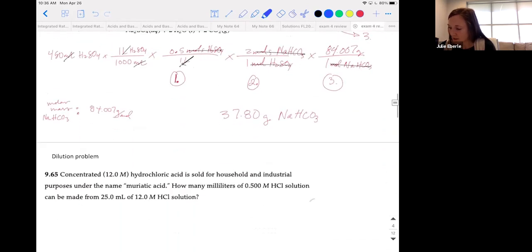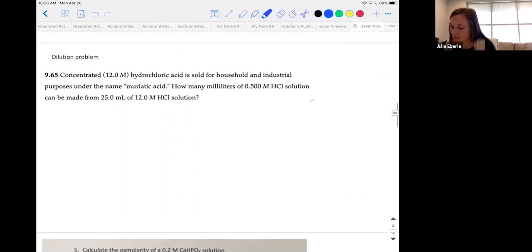Okay. Moving on. Dilution problem. You have concentrated 12 molar HCl. And the question is right here. How many milliliters of 0.5 molar HCl can be made from 25 milliliters of 12 molar HCl? Somebody tell me what to do. Unmute yourself.